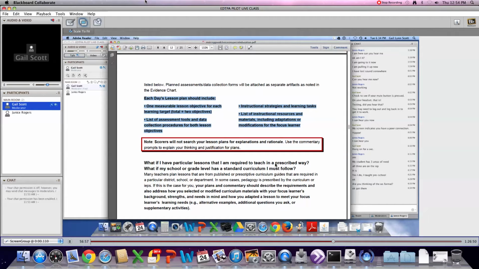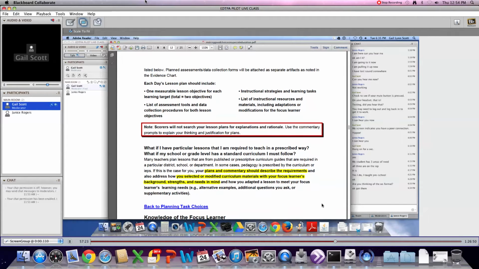If you have a planned curriculum or a prescribed script you're supposed to follow for teaching, then your plans and commentary should describe the requirements. Tell how you selected or modified the materials with your focus learner in mind. Okay? Did you use everything out of the materials exactly as they are for the whole group? You better not have, because that means you didn't differentiate instruction.